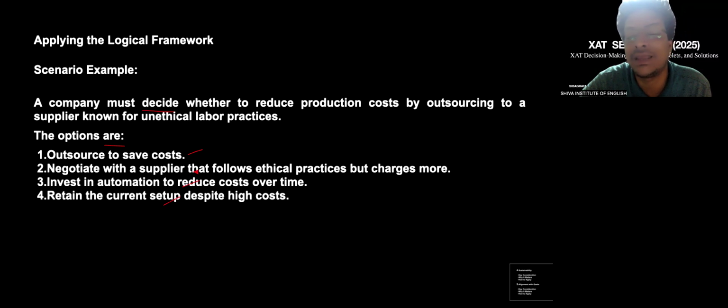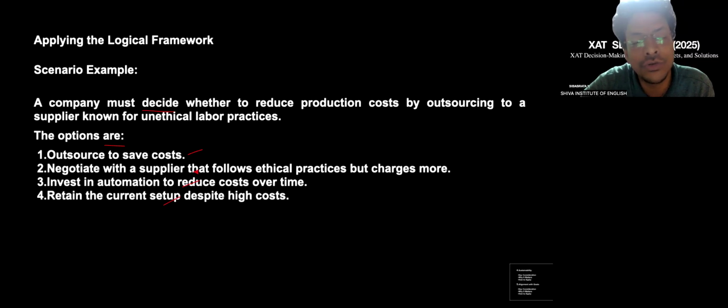Stakeholder impact, mixed or costly upfront. Practicality, long-term feasibility possible. Sustainability, unsustainable if short-term gains only. And alignment with goals, aligned, right?